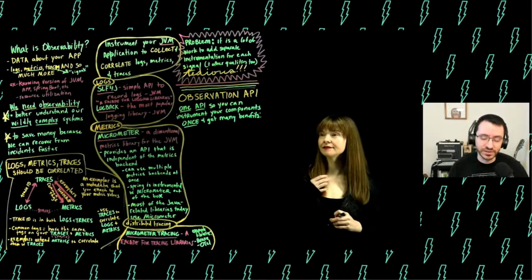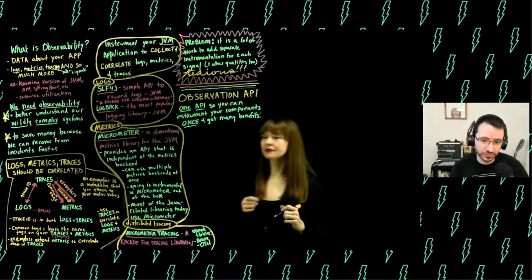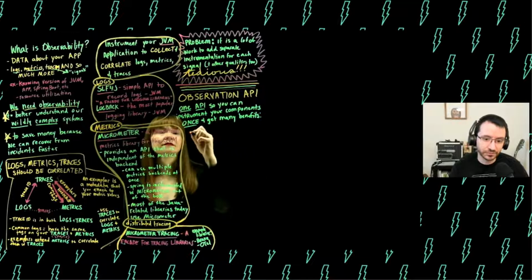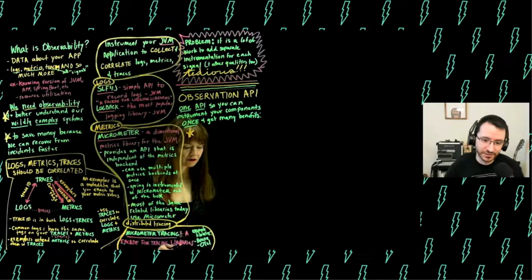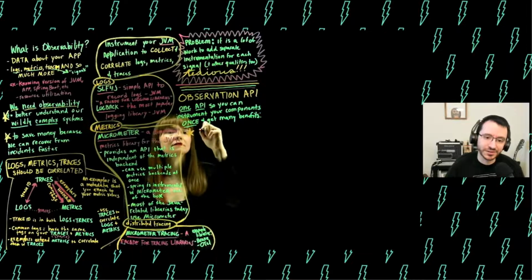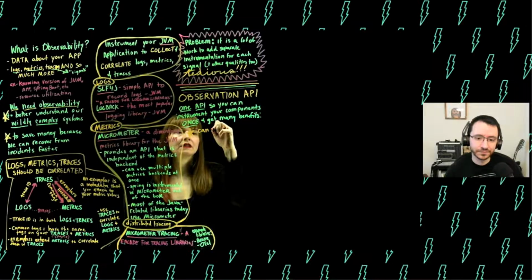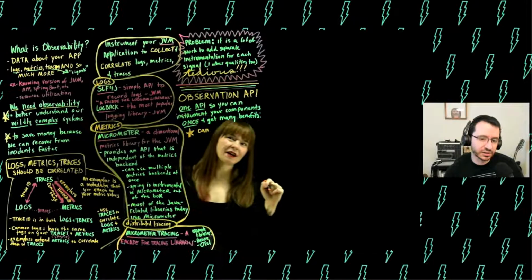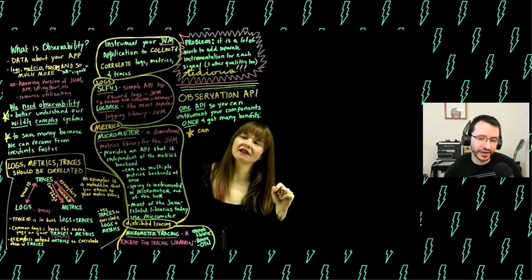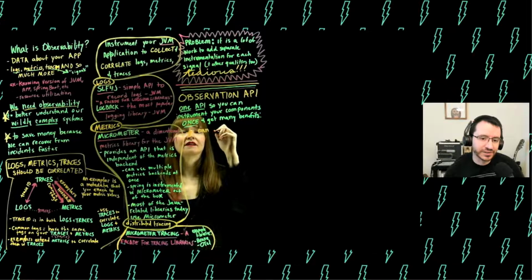You can also signal an error on an observation. You can also signal other arbitrary events on observations. I would just list these: start, stop, error, arbitrary events.